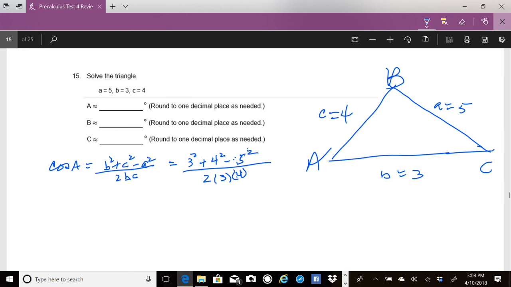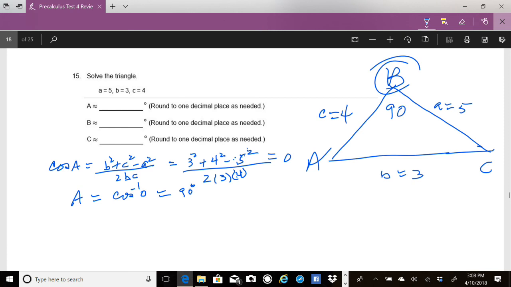Notice that this is equal to 0. So A is equal to the inverse cosine of 0, which is 90 degrees. So we really know that this is a 90-degree angle.